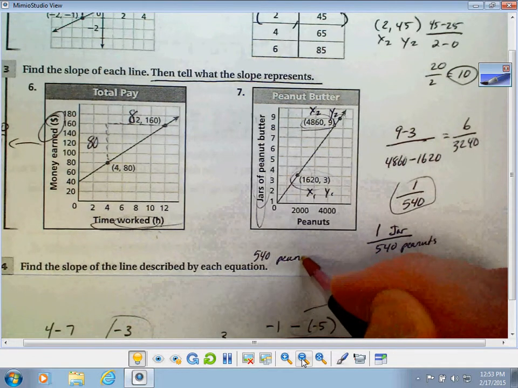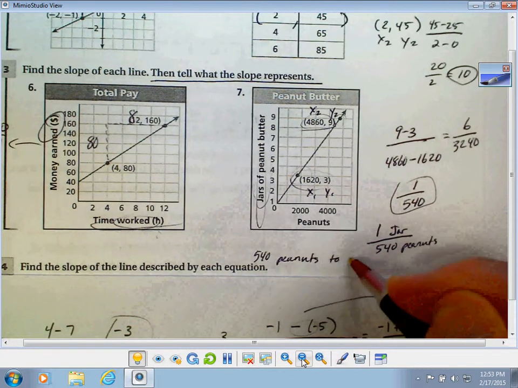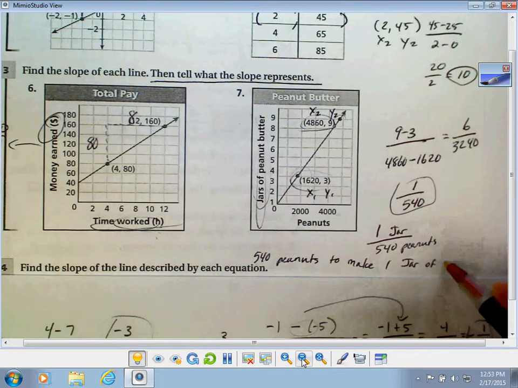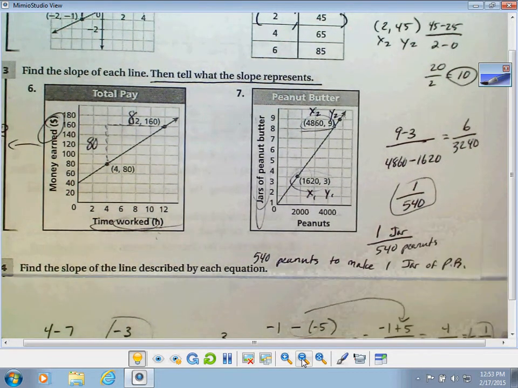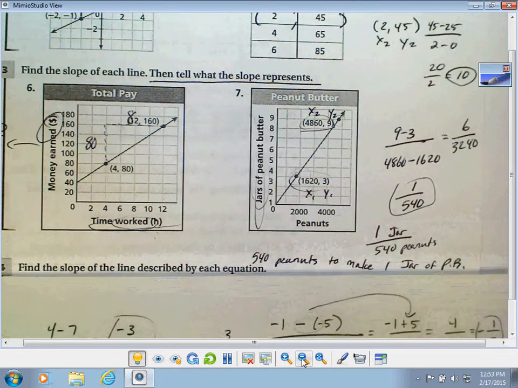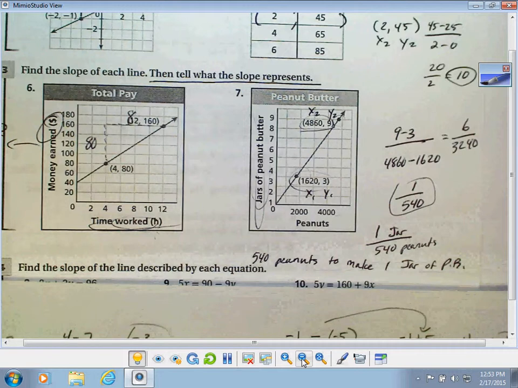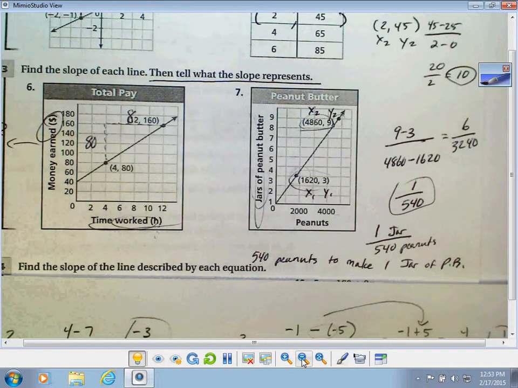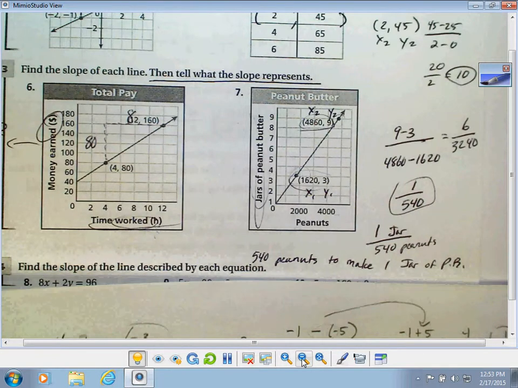So 540 peanuts to make 1 jar of peanut butter. So these are really important problems because it's one thing to be able to calculate a slope, but it's equally as important to be able to say what that slope actually represents.